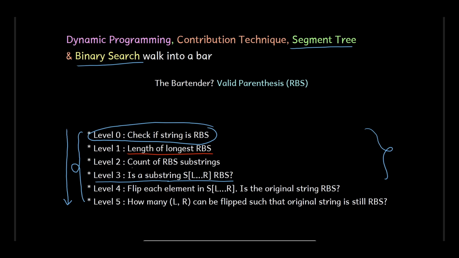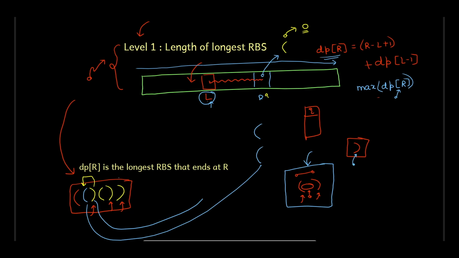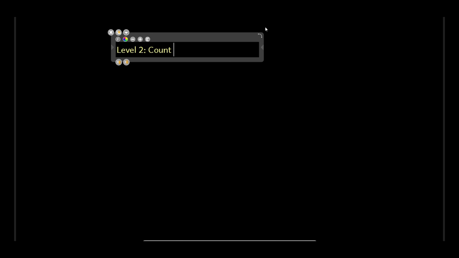In level 2 you have to count the number of regular bracket subsequence strings. So for level 2, let's define it like so: count RBS substrings. How do you do this?